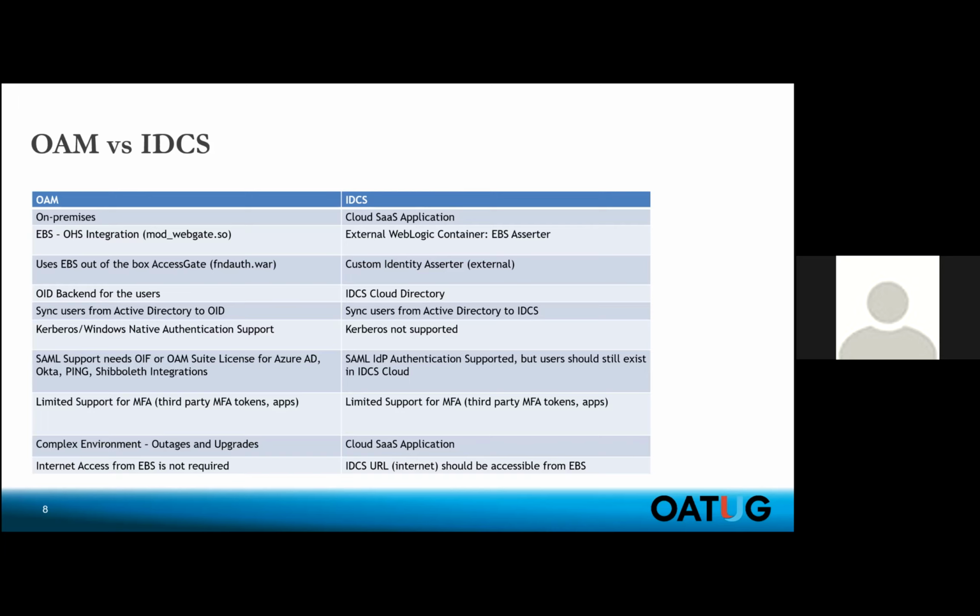And then things like Kerberos authentication or Windows native authentication are supported in OEM. For example, if you log into the Windows domain, Control Alt Del, and then you log into the domain, right? The Windows domain and the username, network ID, and password. Once you log into the network, when you open EBS, EBS doesn't have to authenticate you again with the help of OEM.